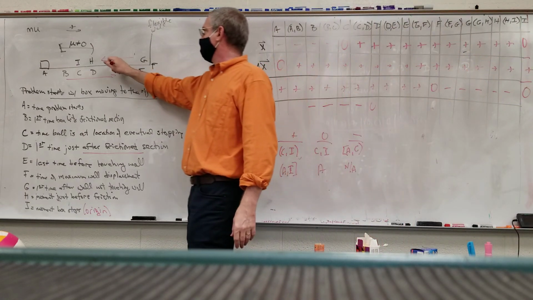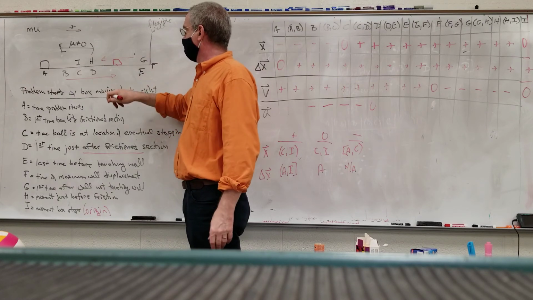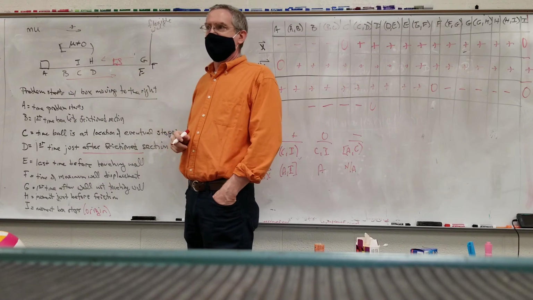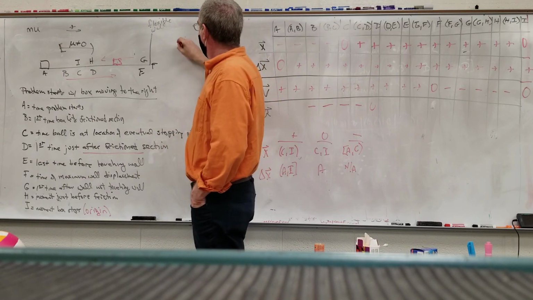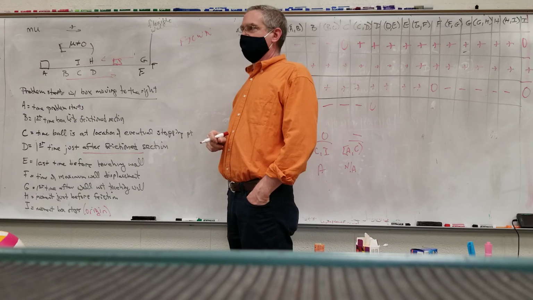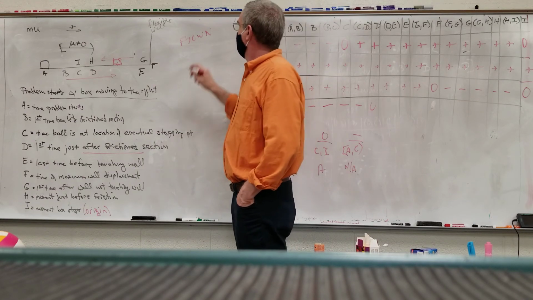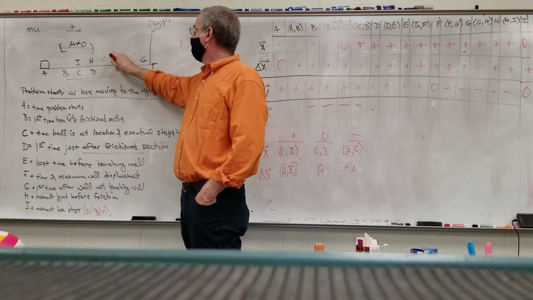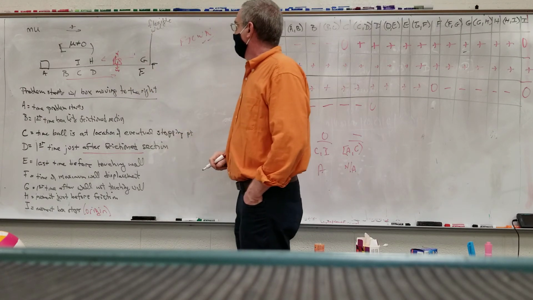Let's say when the box is here, doesn't matter which way it's going. What are the forces acting on the box at this point? Weight and normal force? Yep. So I have weight acting down, I have normal force acting up.